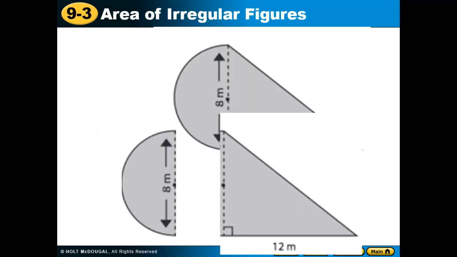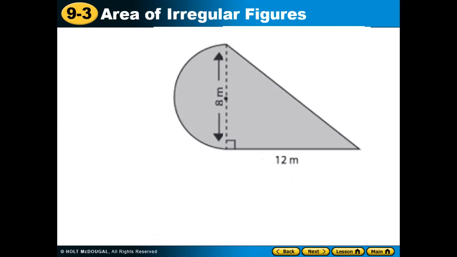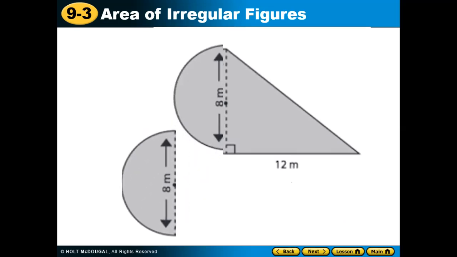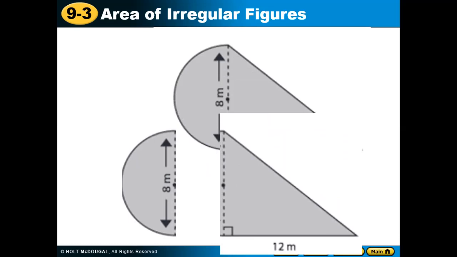So the composite figure is a figure which contains small familiar figures which we learned before. What do we have to do to find its area? Just separate this figure or cut it into small figures like this, then calculate their areas separately, then add these two areas together.